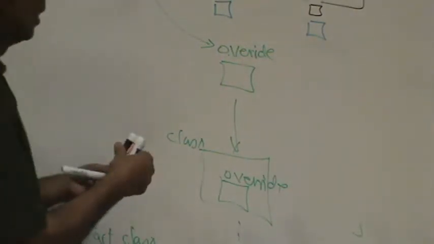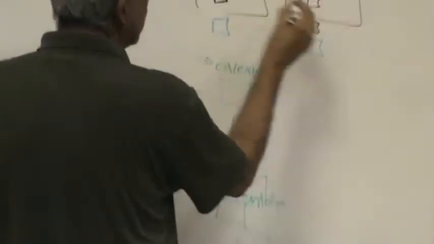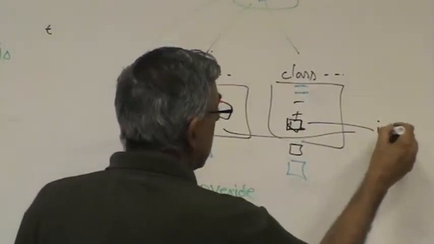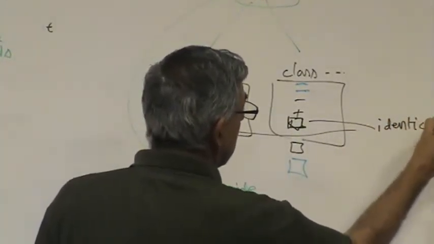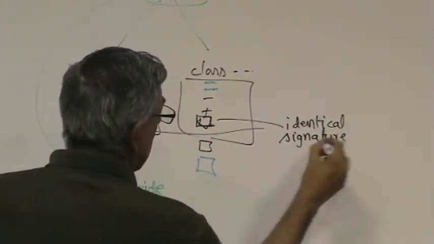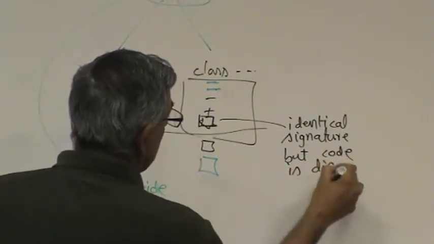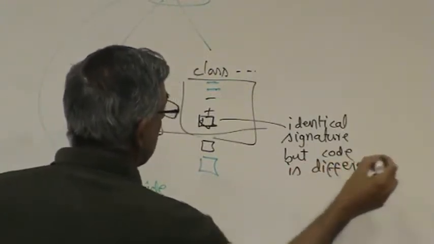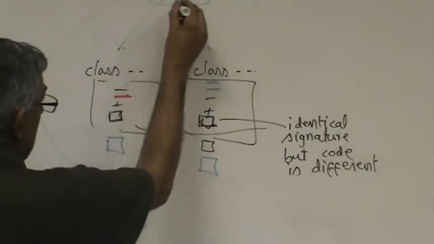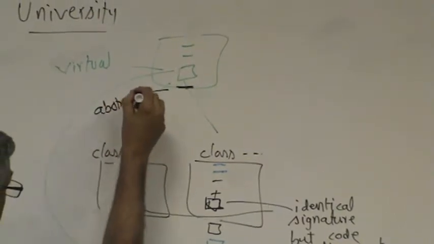Now, suppose there was another method over here, which has an identical signature, but the code is different. Then how will you declare it? So you will not put any code over here, you will put abstract over here.